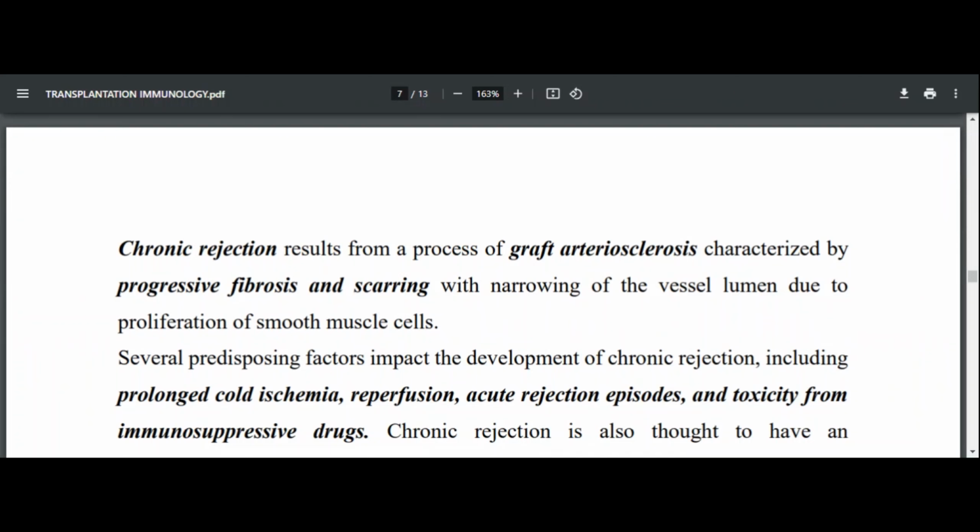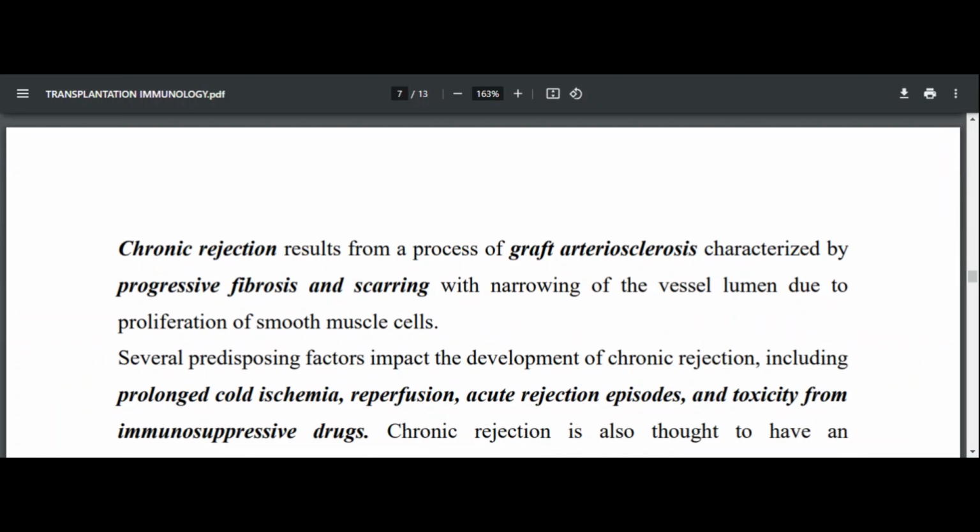So this is what you call chronic rejection. Graft atherosclerosis involves infiltration and fibrosis, and of course lack of blood supply, because of the narrowing of the blood vessel lumen due to proliferation of smooth muscle cells in that lumen.